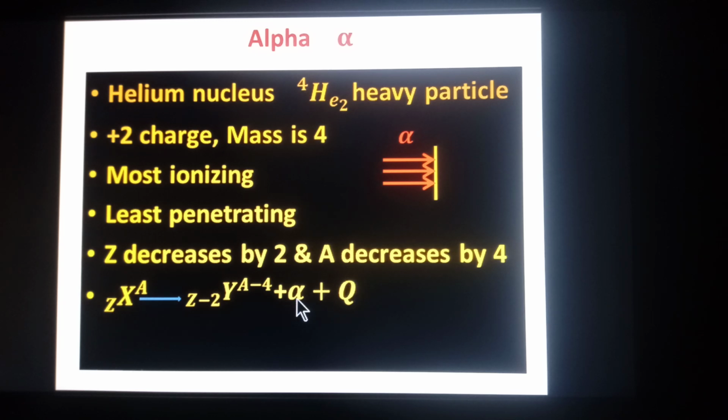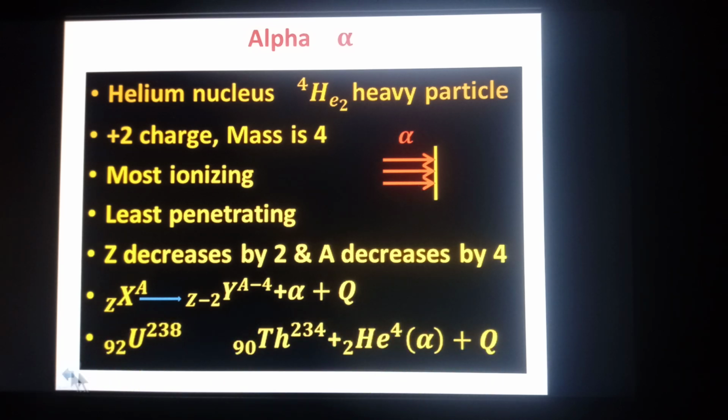So when an alpha particle is emitted, mass number decreases by 4 and charge number decreases by 2, further with the release of energy. Q is the amount of energy released during this alpha decay. For example, if uranium 92-238 is an unstable nucleus, when it undergoes alpha emission, means when an alpha particle is emitted from uranium, it changes into thorium.